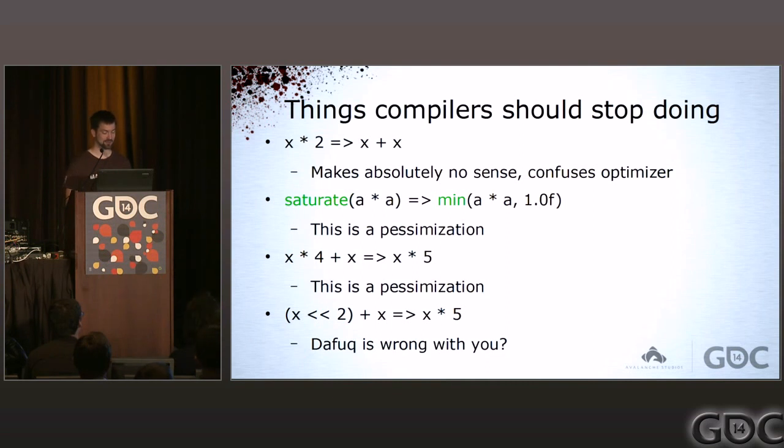It would be faster if it just passed it on as it was, and the compiler could turn it into a bit shift and an add instead of a 4-cycle multiply. Even if you write it explicitly as a bit shift and an add, the compiler still realizes this can be turned into a multiply by 5, and that's really annoying. You can't really work around the compiler in this case.